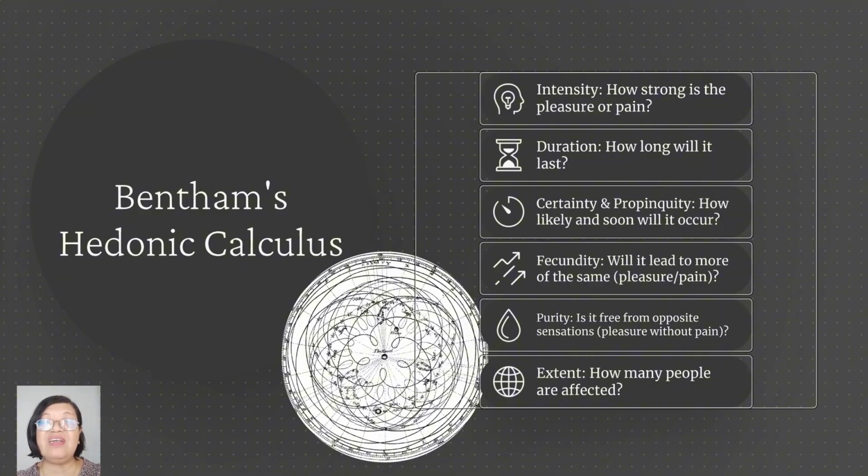You already know the mnemonic for this: IDC, PFPE. I, intensity. Intensity deals with how intense or strong the pleasure and pain is that results from an act or decision.